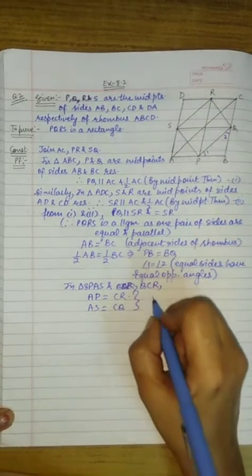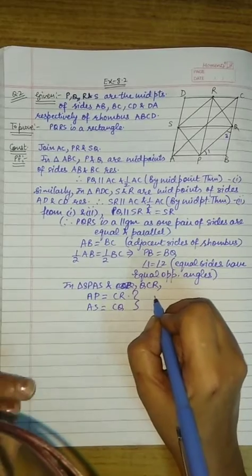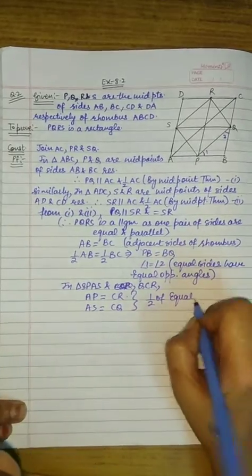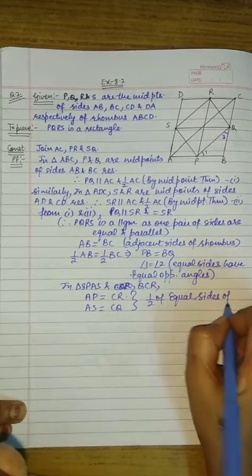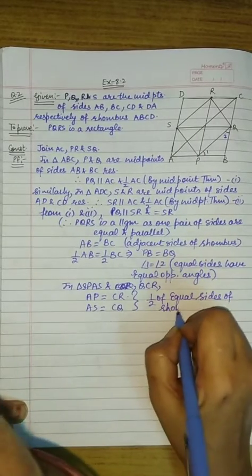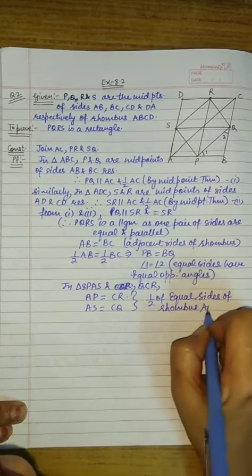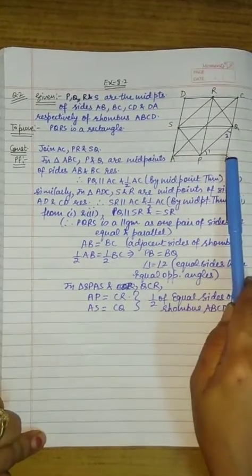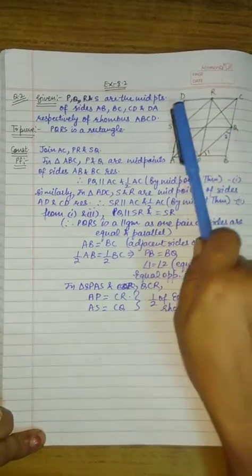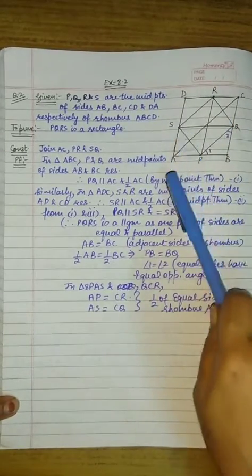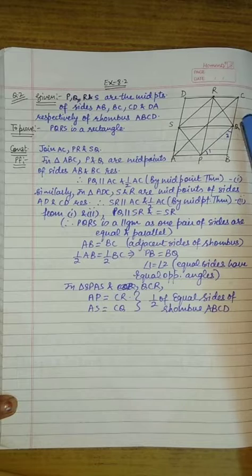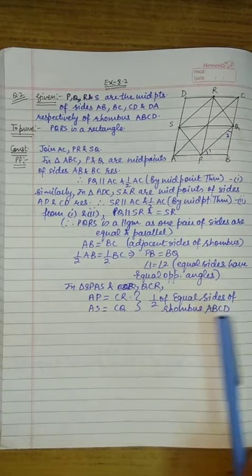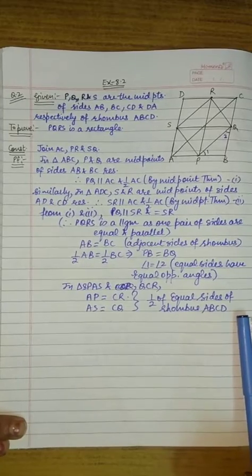These are the half of equal sides of rhombus ABCD. AP is half of AB, CR is half of CD, similarly AS is half of AD, and CQ is half of BC.